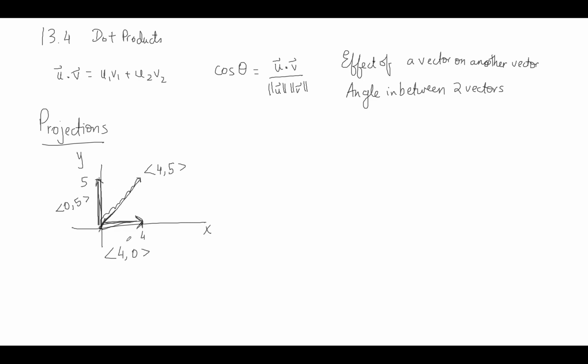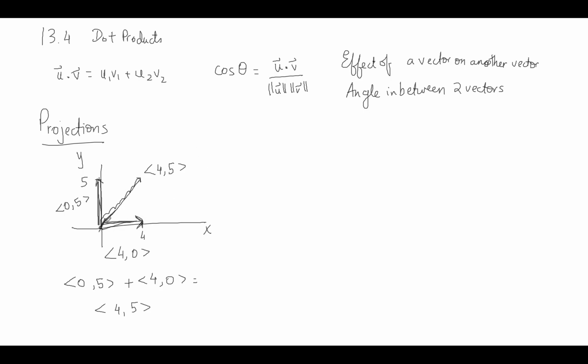One thing that I want you to notice here is these are two components of my final vector. If I add up my two components, so this is how much I'm moving in the y direction, and this is how much I'm moving in the x direction, when I add them up, I get my actual vector, the (4, 5).